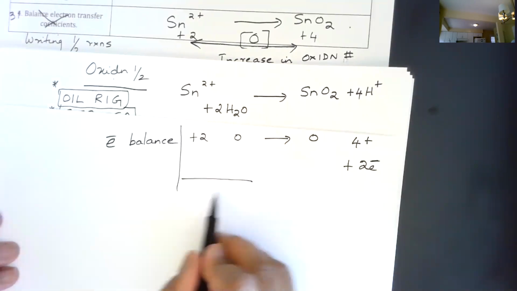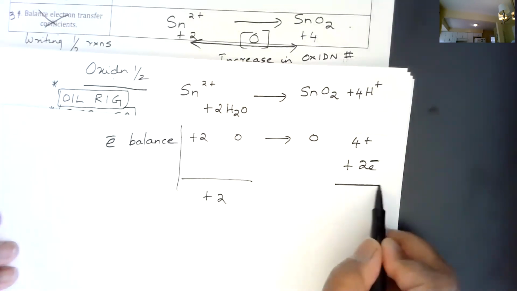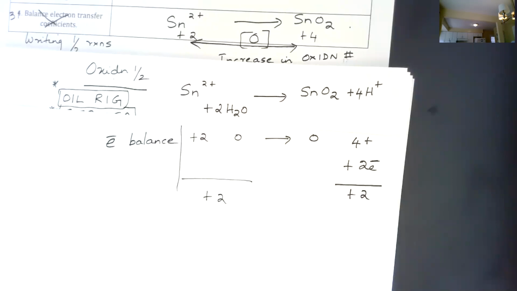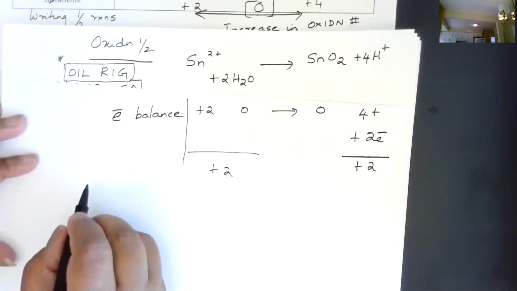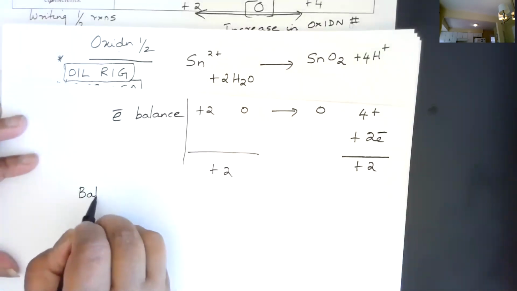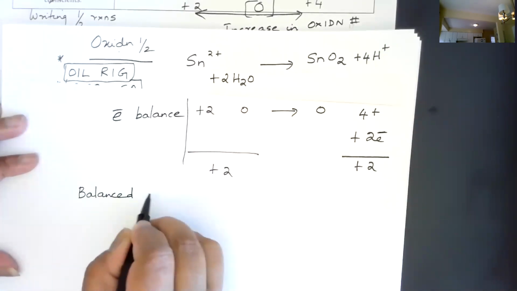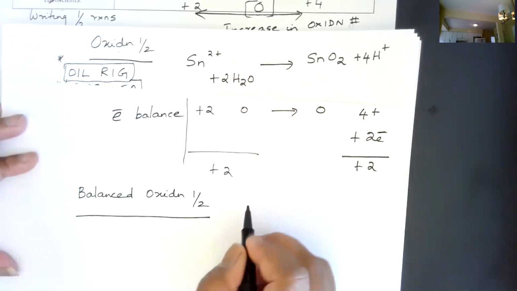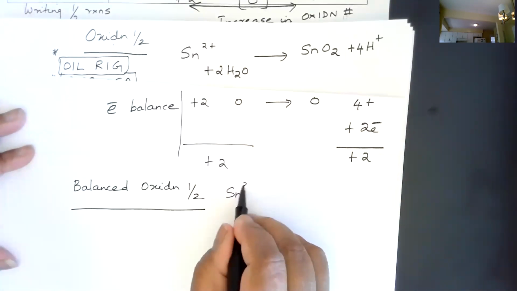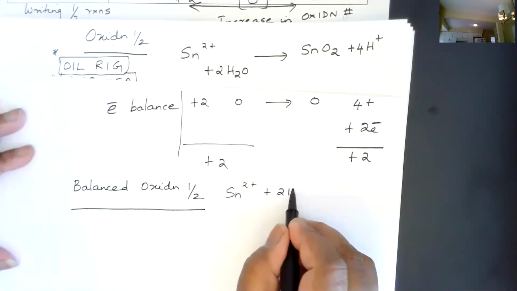So here the net charge is +2. The net charge is +2. So remember, when balancing the charges, you don't have to have 0 on each side. You just need to have the same number on each side. Okay. So I'm going to write the balanced oxidation half. So I have Sn2+ plus 2 water.